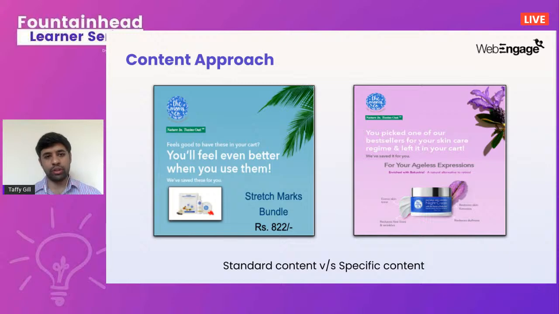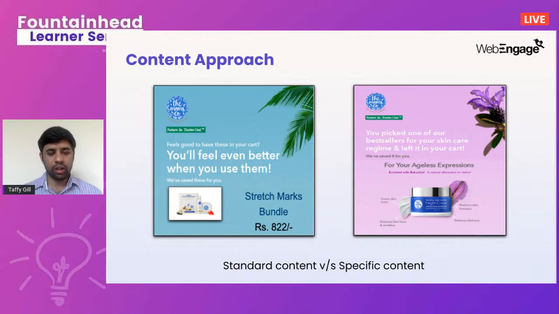Okay, the content approach. Whether you would want to go ahead with the standard content. So if you see the template on the left, it simply populates the product name, the product image, and the product price. That's it. It doesn't talk about the USPs of the product. It doesn't talk about what its effects are going to be, or maybe what all ingredients have gone into its making.